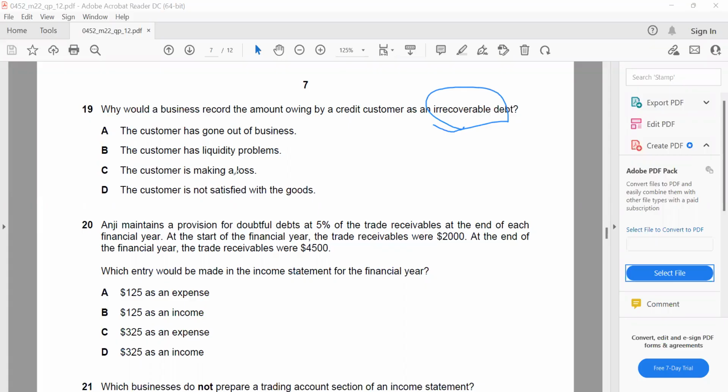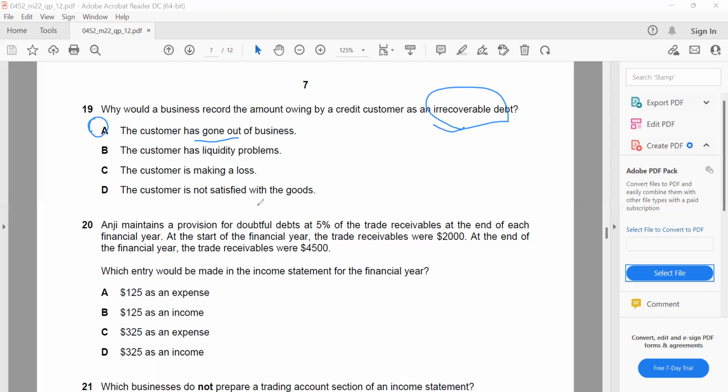The customer is making losses. Making losses has nothing to do with it so long as they're still running the business. Customer is not satisfied with the goods. When not satisfied, we will not give irrecoverable debt. We will give a discount maybe as compensation. So here, the answer should be has gone out of business. That means cannot find him already.